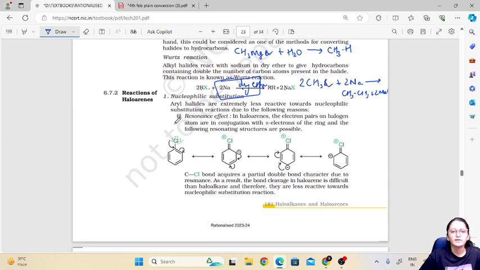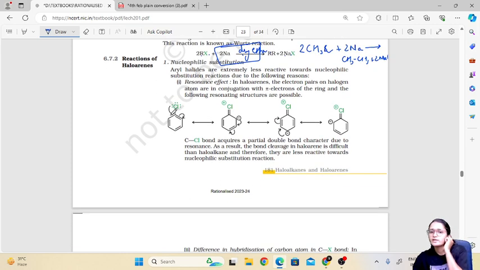Then the next important reactions are nucleophilic substitution reactions, in which we will first study the resonance effect. This is just for understanding the resonance effect. We know that in the benzene ring we can see the resonance effect, and whenever an electronegative group is attached, conjugation takes place between benzene and that group. So here the pi electrons of the ring and the following resonance structures are possible.